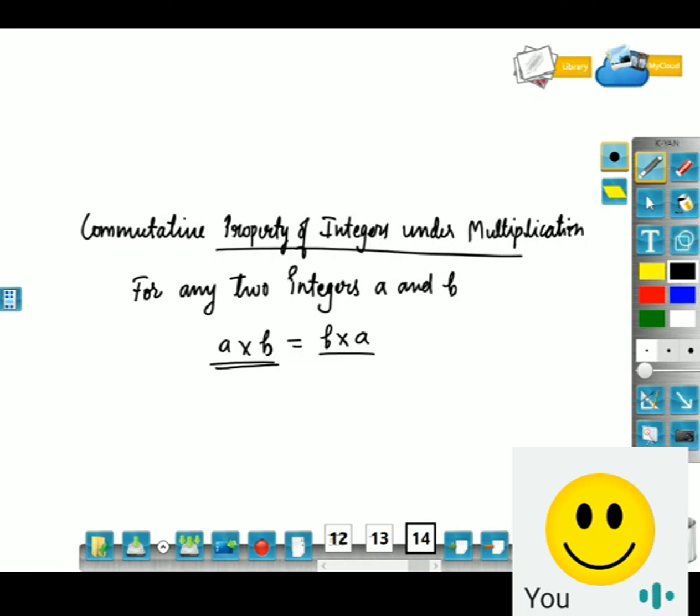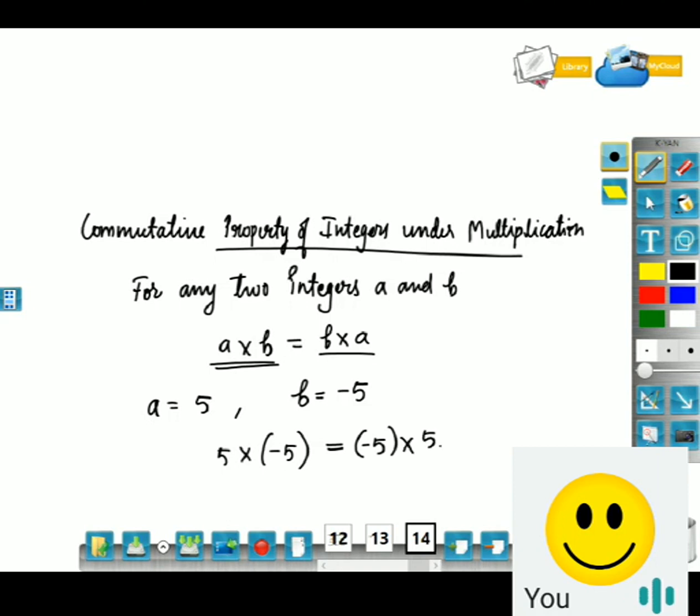So now let us put some values for a and b and we'll check whether they are equal or not. Take a is equal to 5 and b is equal to -5. Put these values. Are they going to become equal? So 5 into -5, is it equal to -5 into 5?